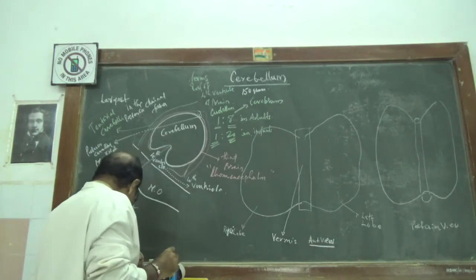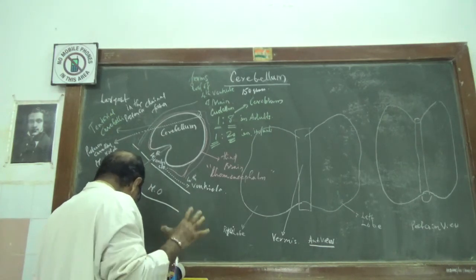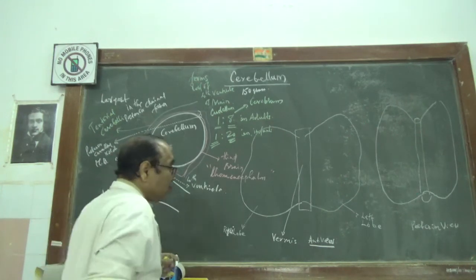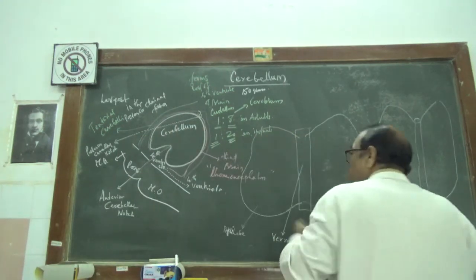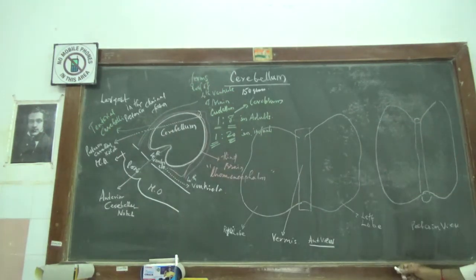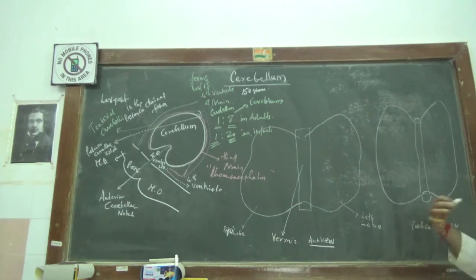Then you will have these notches, the posterior and anterior cerebellar notch. These will be in the median plane.